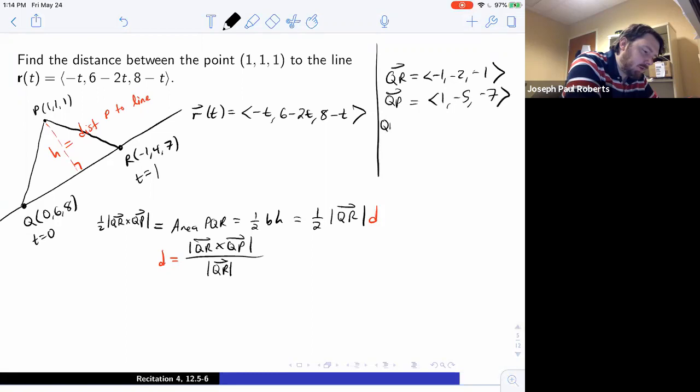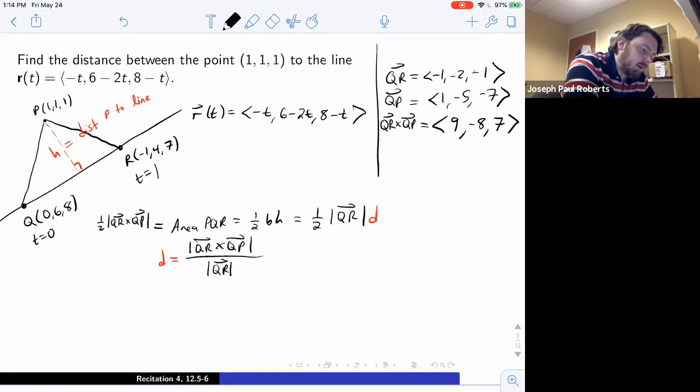This cross product QR cross QP is what? 14 minus minus minus 5, so 9. And then -1 minus 7 is -8. And then 5 minus -2 is 7.